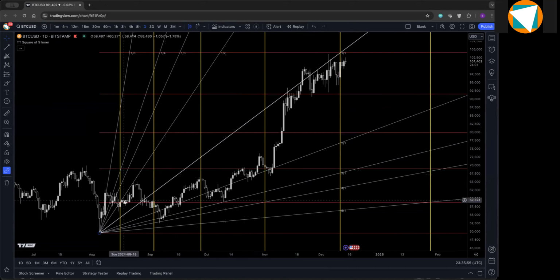So we can use these 45-degree intersections and basically count them off as we go up. So this is intersection 1, 2, 3, 4, 5, and this is the most recent one.